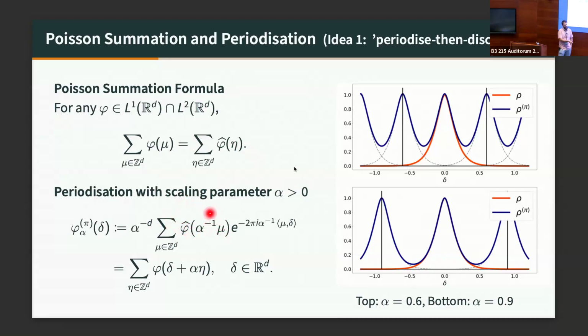And I'm introducing that scaling parameter in such a way that I can choose with alpha on what box I'm periodizing, whether I periodize on -1/2, 1/2, or -1, 1, etc. So here we have, for example, a periodization on -0.6 to 0.6, or -0.9 to 0.9. You see in red the true covariance, and in blue the approximate, and you see that if I'm only interested in this covariance function from -1/2 to 1/2, say, then it's only a very small error near the boundary that I'm incurring.